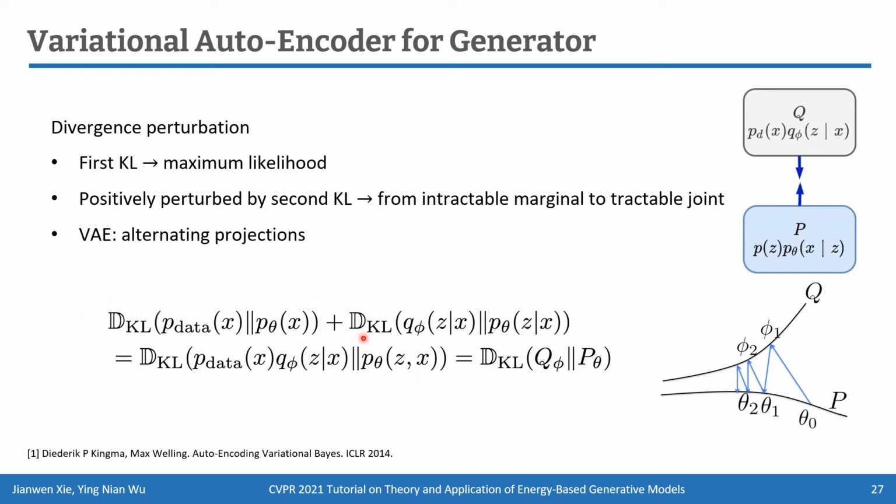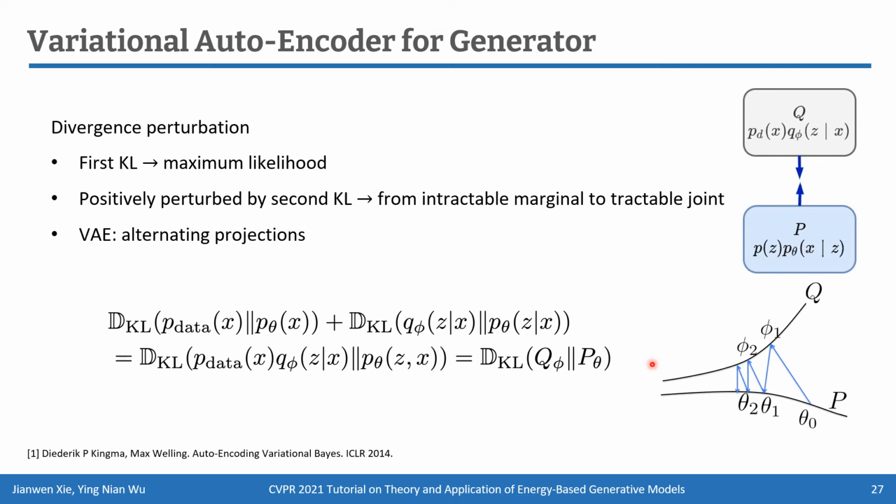So this first divergence underlies maximum likelihood, okay, and it is intractable because the marginal density is implicit. But with this perturbation term, which is a very important term in variational inference, we change this KL divergence between the marginals into the KL divergence between the joints, okay, so that this becomes tractable.